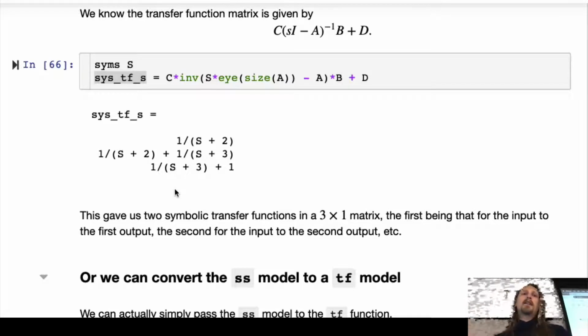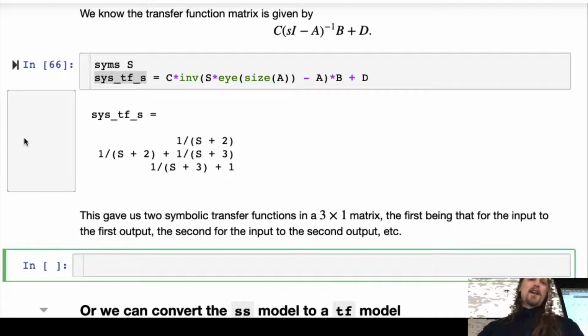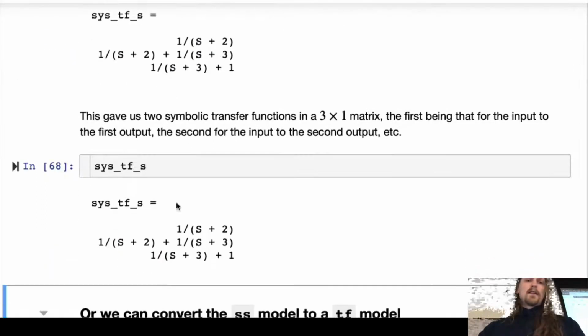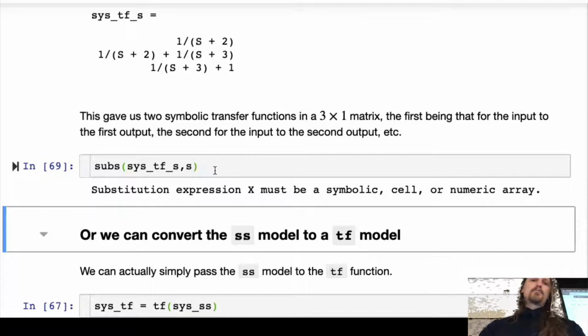And you could go back and let's see if we can do this. I haven't tried this, but I bet you can. So sys tfs is this. I think we can do a subs in S. Let's see.